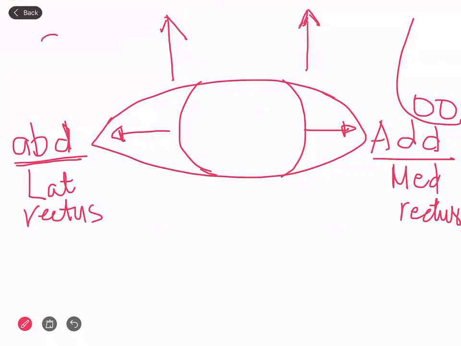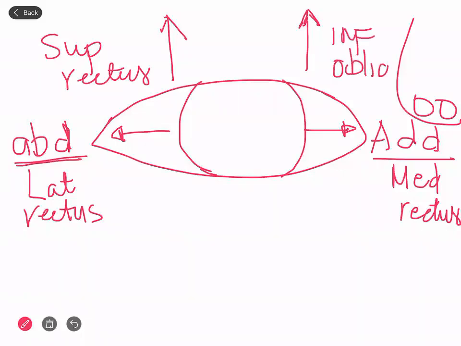Your superior rectus, and then your inferior oblique. Okay, inferior oblique muscle, no? And then looking down, there are also two muscles here, your inferior rectus and then your superior oblique.